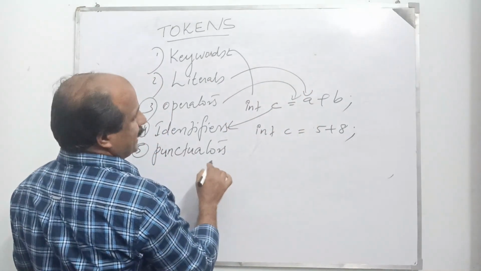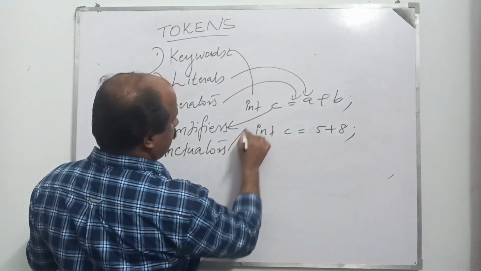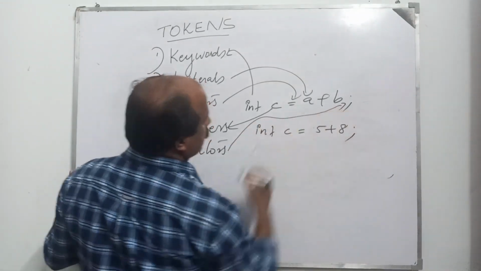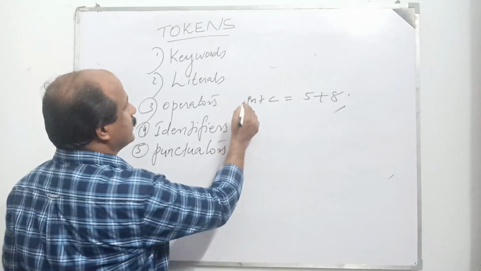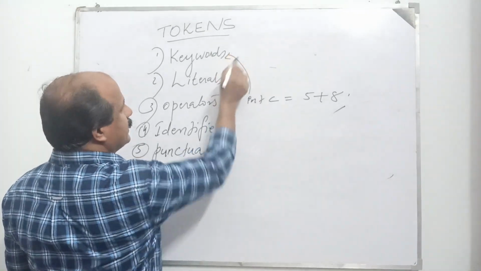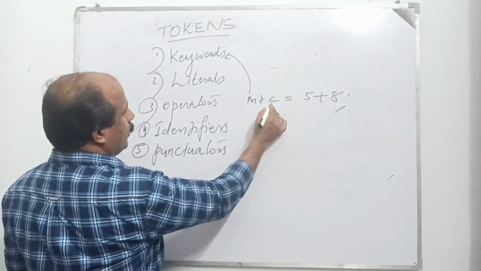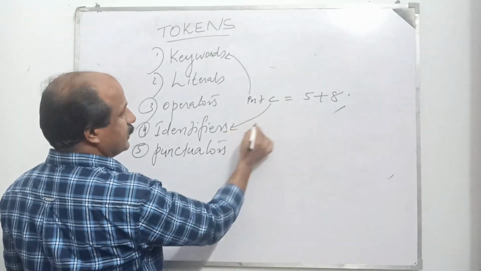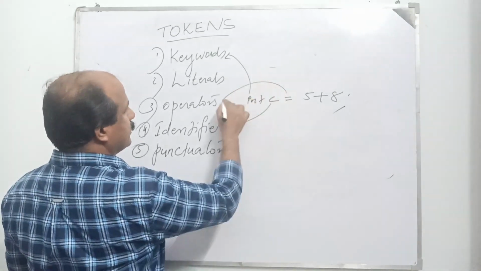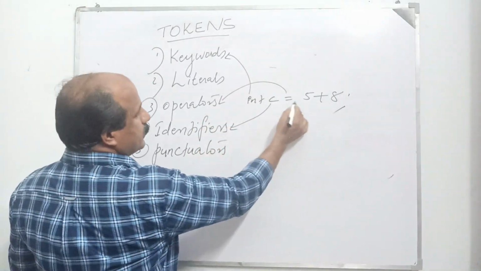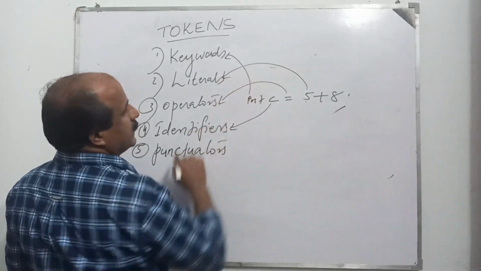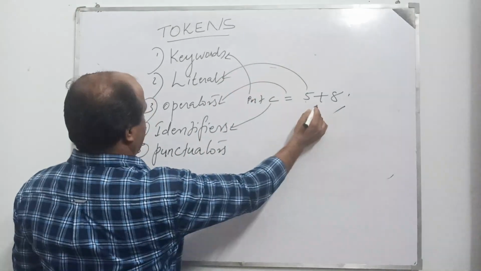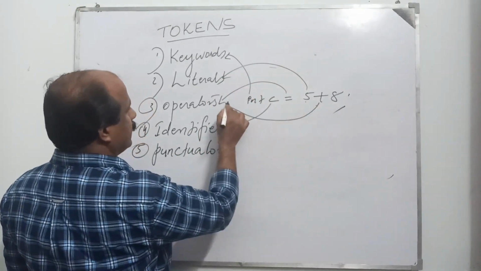Now the semicolon is a punctuator. Now consider this statement. In this, int, as I said, is a keyword. Now c is an identifier. Now equals is an operator. Now this 5 is a literal. Now plus is again an operator.